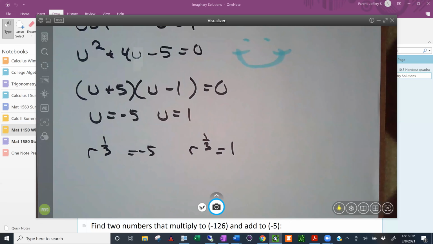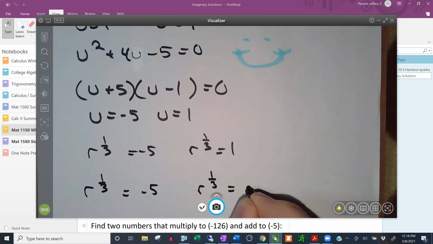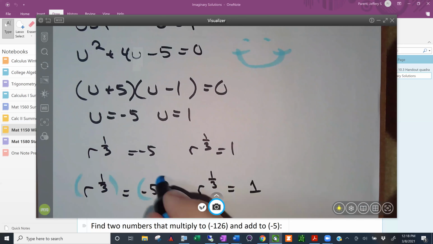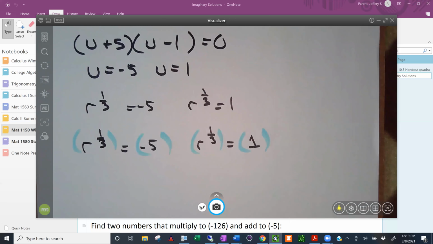Grace, this is where I'm coming back around to your question. I got to raise both sides to the reciprocal power to finish solving. What power am I going to use in this case? 3.